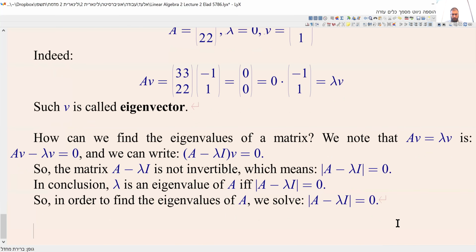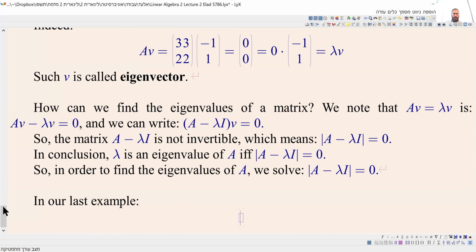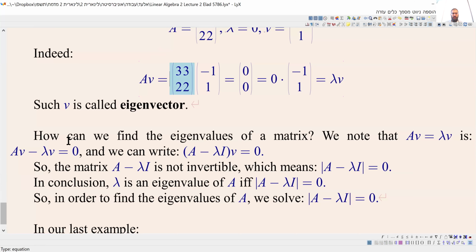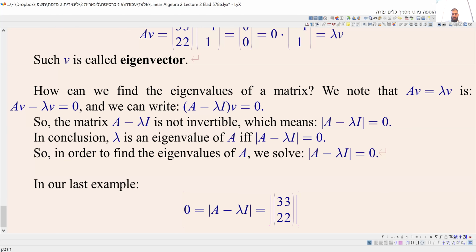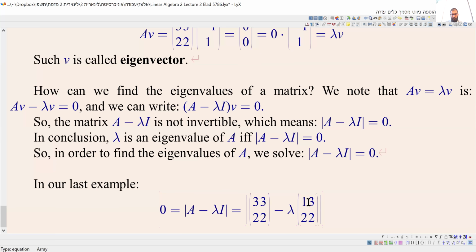In our example, quickly, I want to find the eigenvalues of 3, 3, 2, 2. So writing down A minus lambda I is actually writing down 3, 3, 2, 2 minus lambda multiplied by I, which is 1, 0, 0, 1.